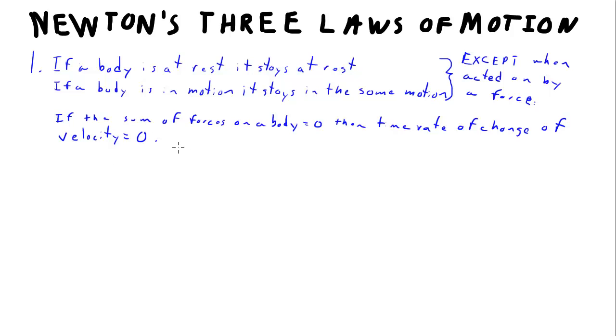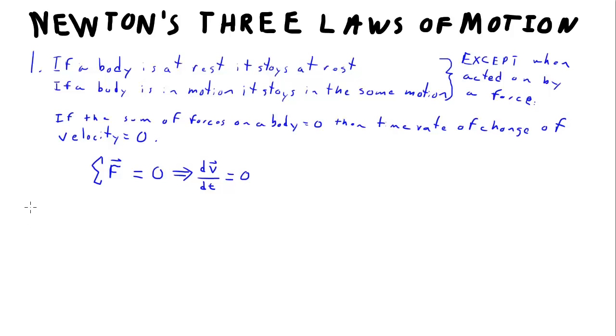So the other way of writing this is that the sum of all the forces acting on a body equals 0. And that means that the time rate of change of velocity, which by the way is also a vector, with respect to t, equals 0. So there's Newton's first law.